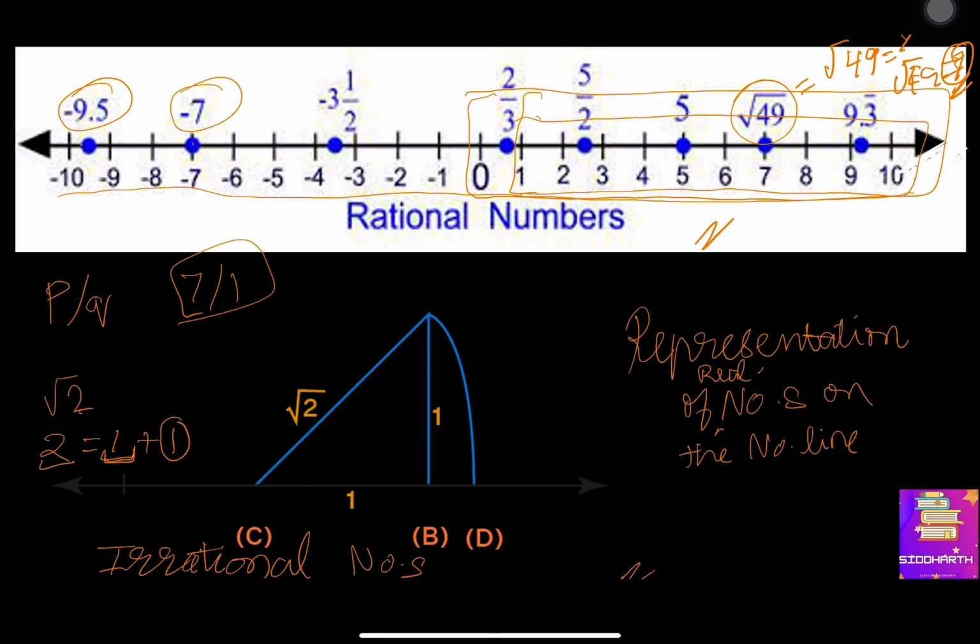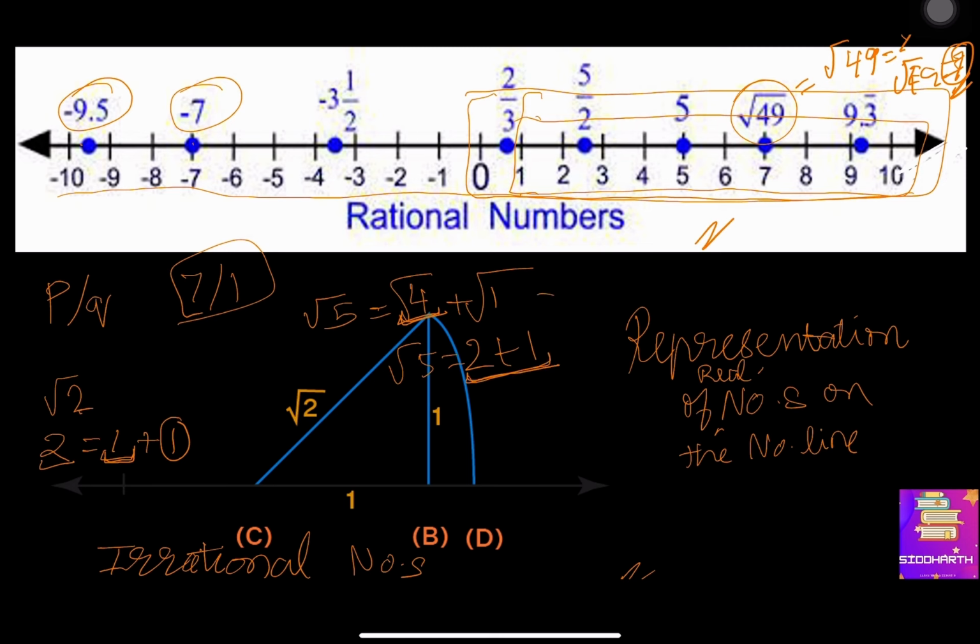Now if I ask you to plot root 5, what would you do? Definitely there should be a number plus 1. So 5 is equal to 4 plus 1. This is a trick I use. Root 4 is nothing but 2, root 1 is nothing but 1. So root 5 is built from 2 and 1.